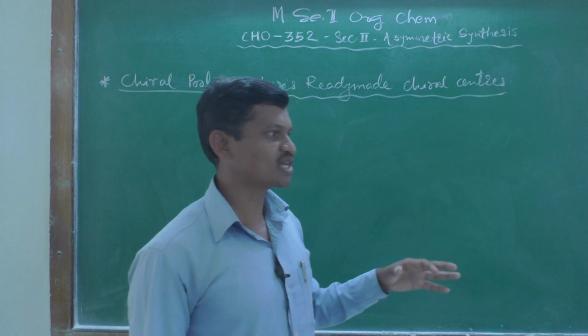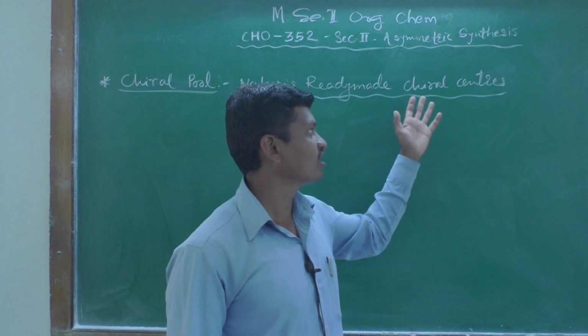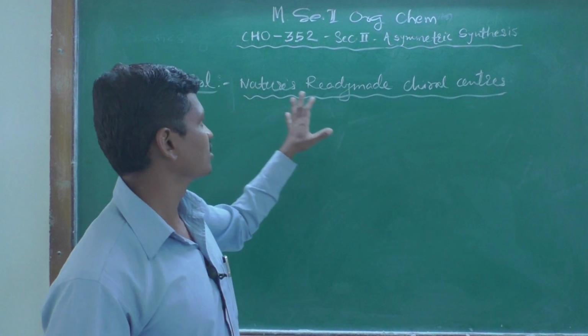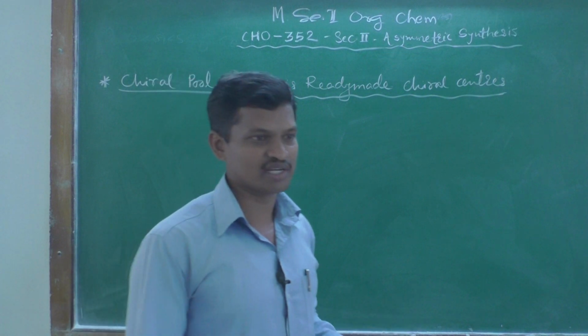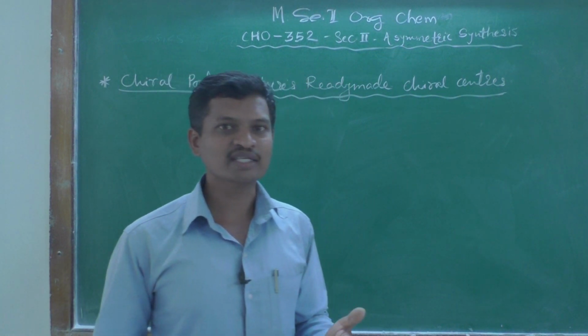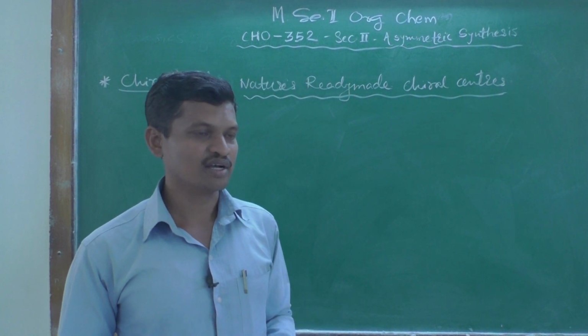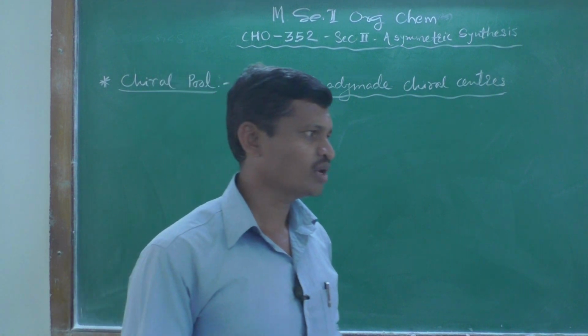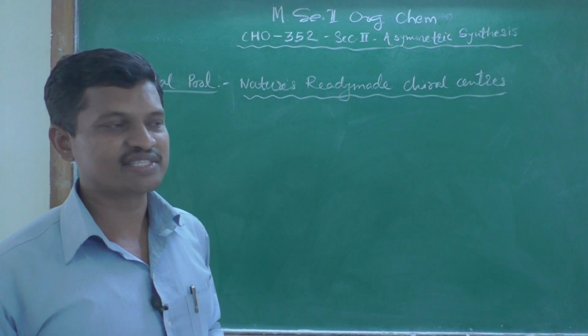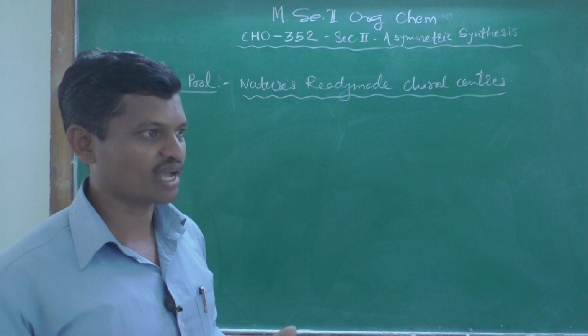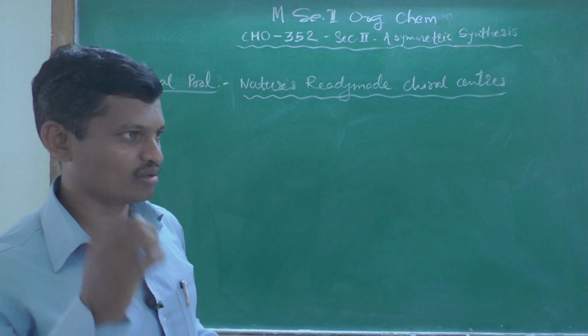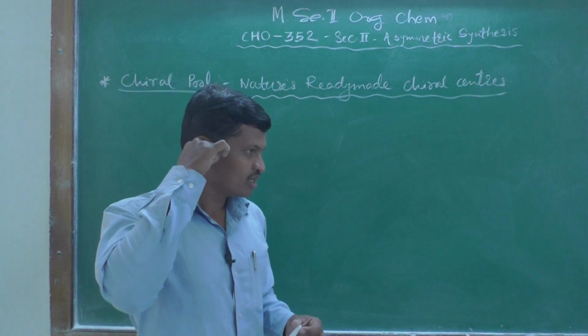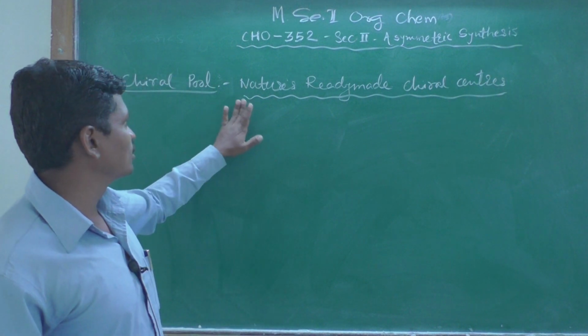So such compounds are known as chiral starting materials. Okay, means they have asymmetric centers in their molecule, or we can say the chirality is there as a whole. The molecule is chiral in the structure of that compound. So what is this chiral pool?